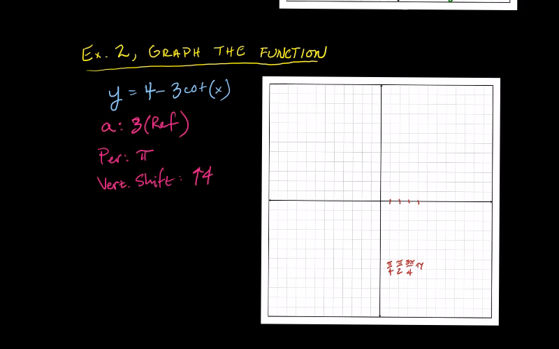Then if we put in our midline, the midline would be up 4, so 1, 2, 3, 4. Okay, and I'll put in my asymptotes, one at 0 and one at pi, and then we can make our graph.